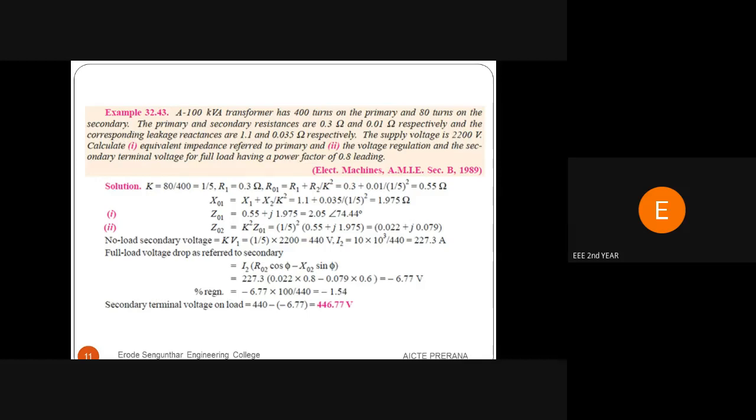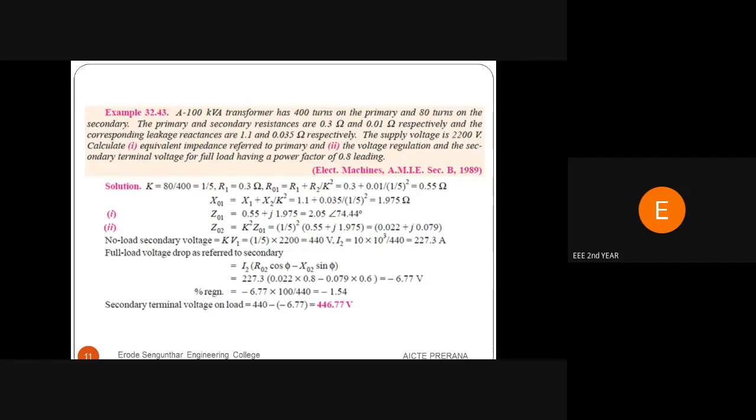R01 equal to R1 plus R2 by K square, the equivalent resistance referred to the primary side. These are the parameters we have to determine using the formula R01 equal to R1 plus R2 by K square. R1 equal to 0.3, R2 equal to 0.01.